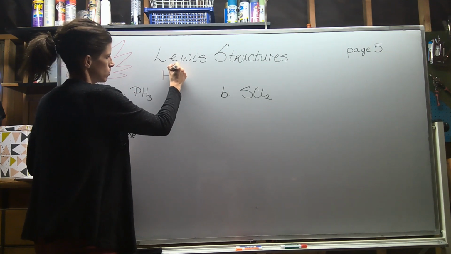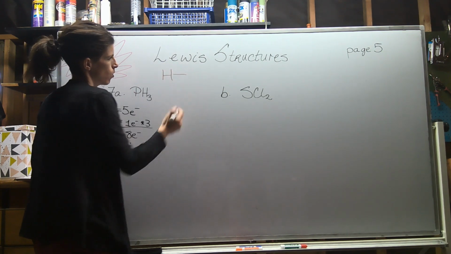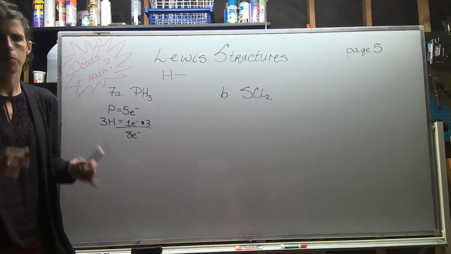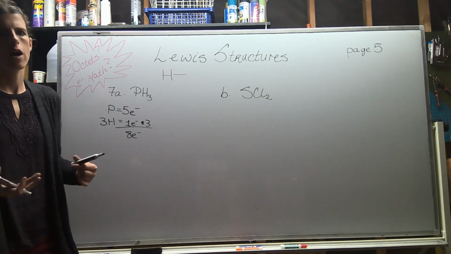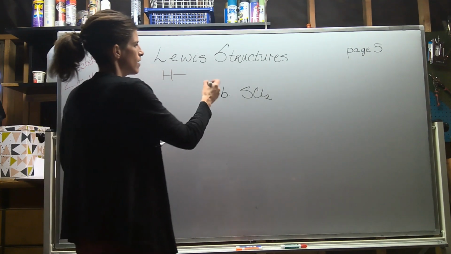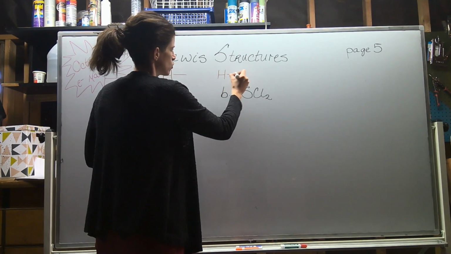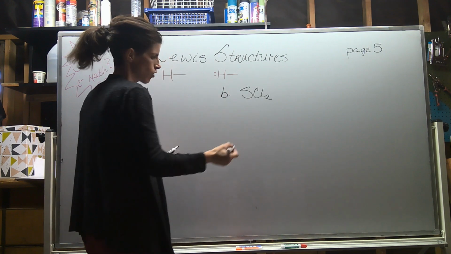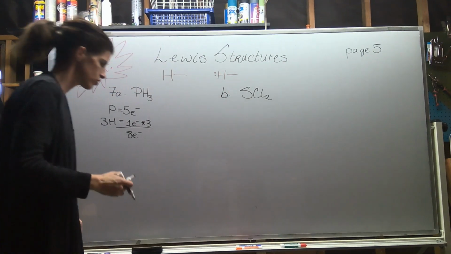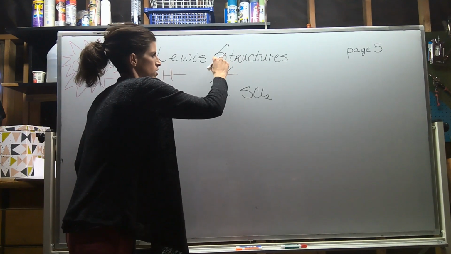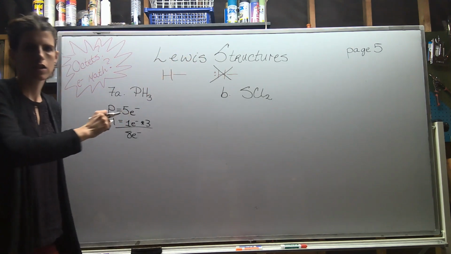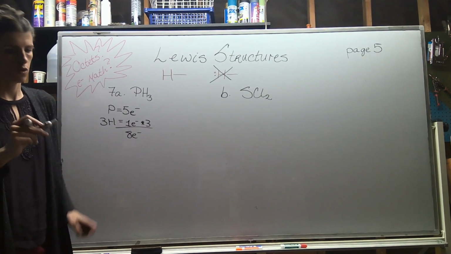So what hydrogen will do is just 1 single bond. That's your only option for hydrogen. You can never do anything else. So we should never see hydrogen with a bond and with some electrons. That would be super, super wrong. So the only thing hydrogen does is just 1 single bond.